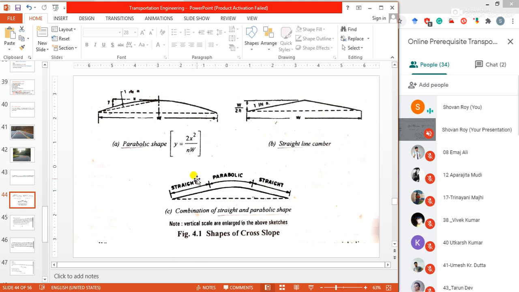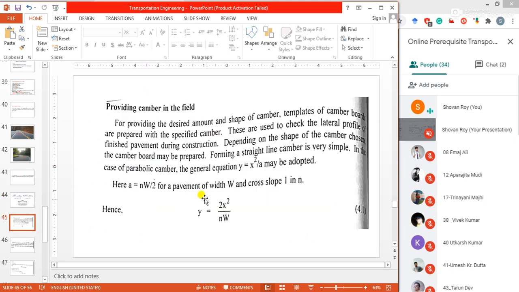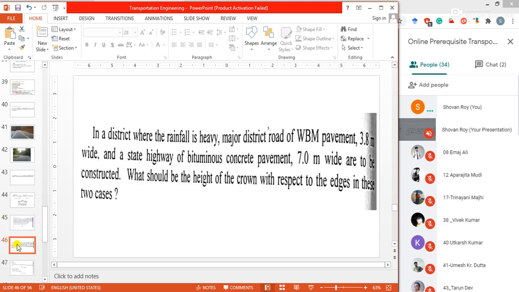Y is nothing but my crown value, the crown value for a parabolic shape camber, the vertical raising portion of the parabolic shape camber. In a parabolic shape camber, this equation is normally used: y equals 2x square by nW.